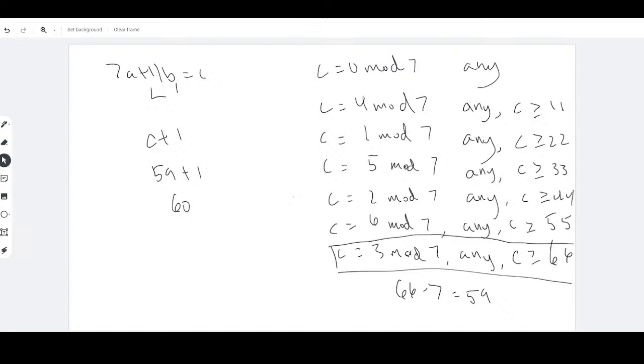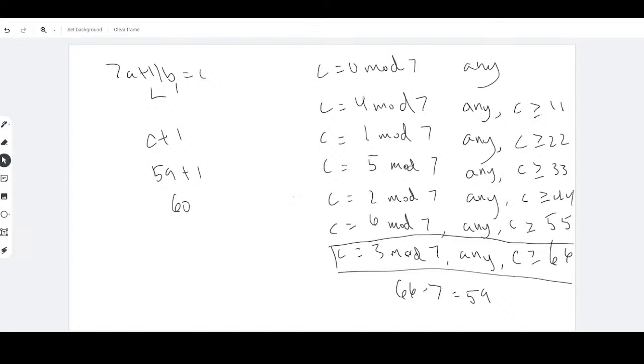Well, this is a pretty tough problem. But if you're more fluent with working with mods and stuff, then you can get by doing these a bit faster, and you don't have to actually list out everything like how I did.